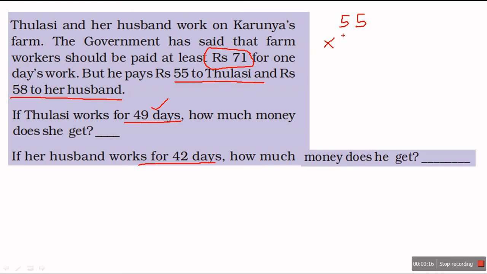So multiply by 49. 9 5s are 45, 5 carry over 4. 9 5s are 45 and 4, 49. Now I will multiply with 40. For multiplying 40, I will put 0 here. Now I will multiply with 4 only. 4 5s are 20, carry over 2. 4 5s are 20 and 2, 22.